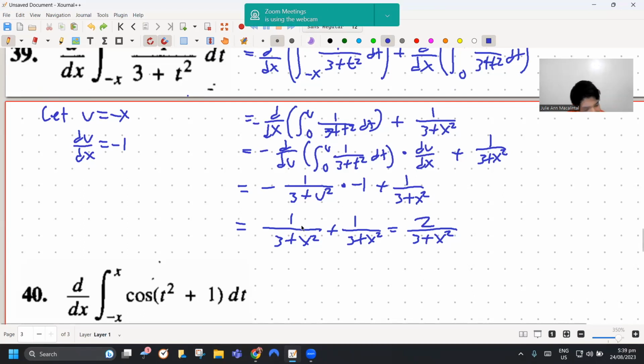O sige, so for example, yung integral from... Kaya tingnan muna natin. Meron akong i-share ko uli yung screen ko. Kaya saan i-share dito? Ayun.